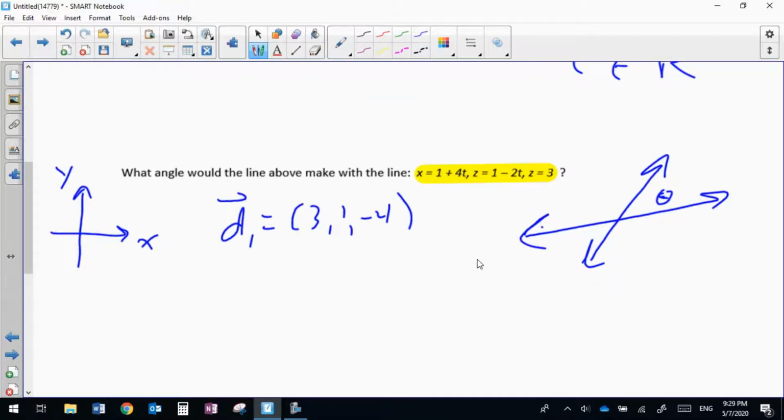And our second line has a direction vector equal to 4, negative 2, 0. So the angle that two lines intersect at is the same as the angle between their two direction vectors, if you just imagine d1 being here and d2 being here.